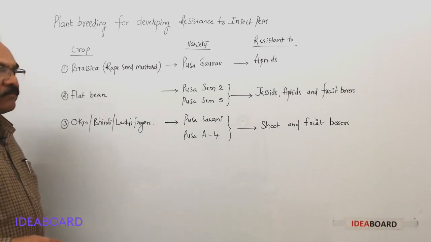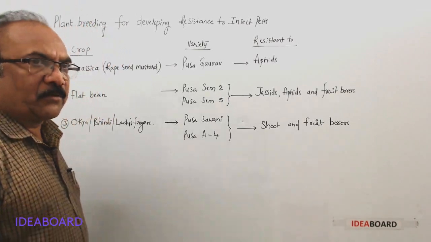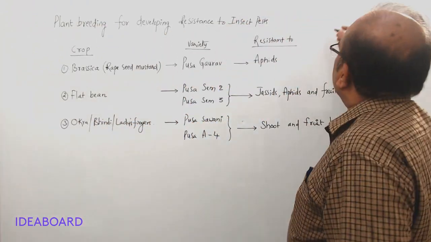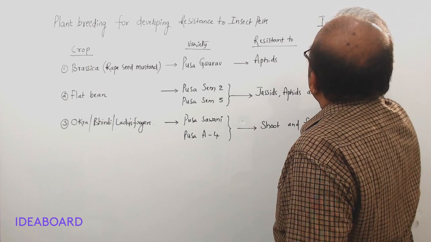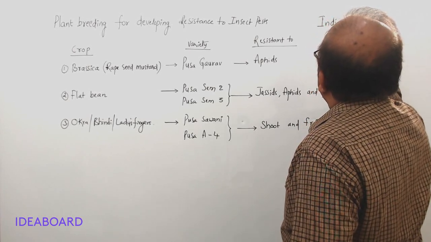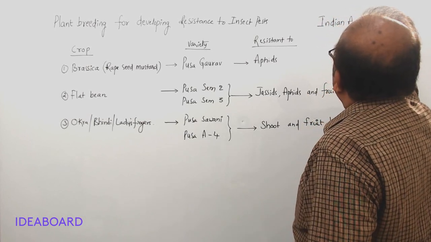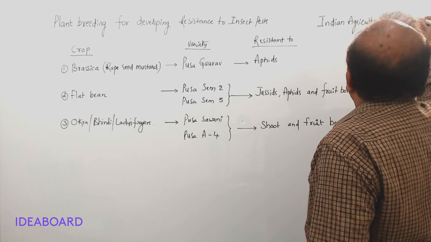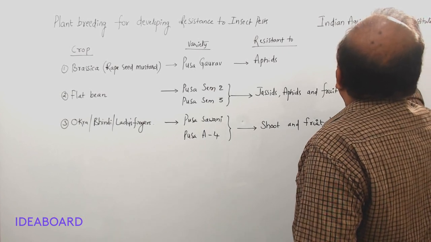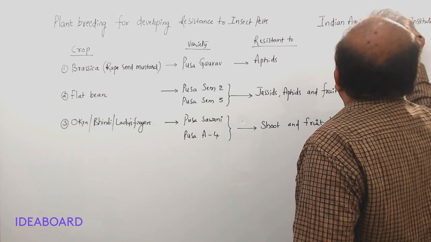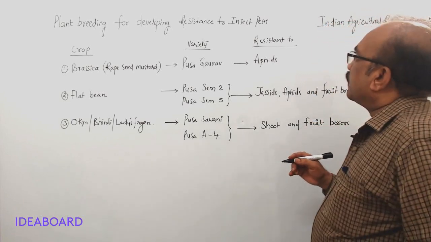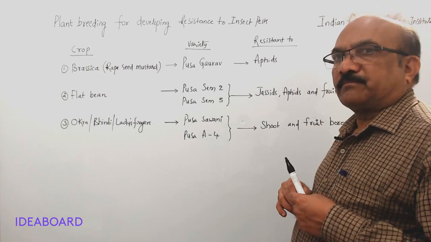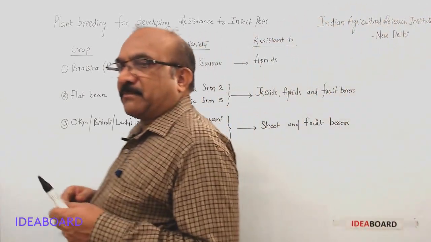Some of the varieties successfully developed by the Indian Agricultural Research Institute, New Delhi, have been released into the market, and you have to memorize these examples.